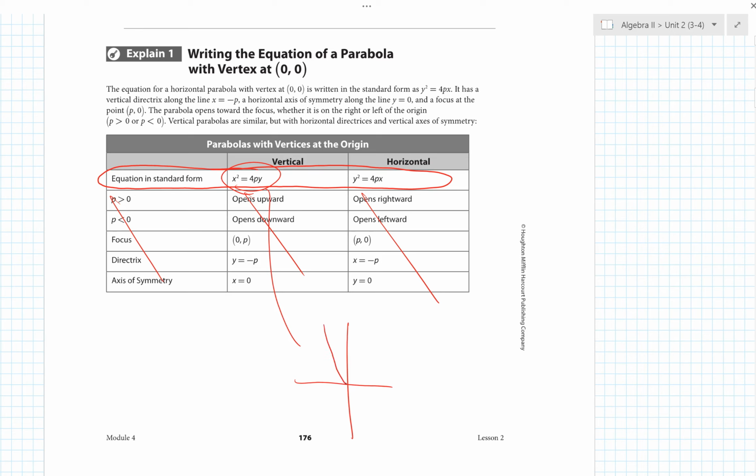A parabola that goes up would have the equation x squared equals 4py, and a parabola that goes sideways would have an equation like y squared equals 4px. Notice that we could change this to the old form if we wanted. If we solved for y, that would be y equals 1 over 4p times x squared. So this 1 over 4p is the same as what we used to call a.